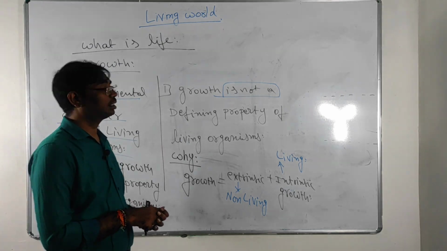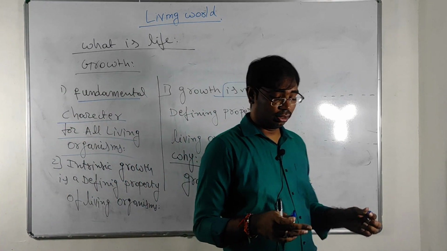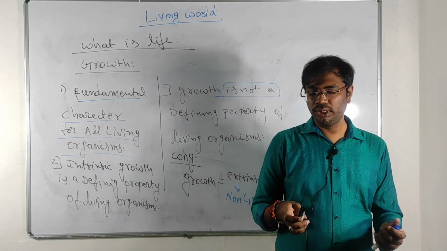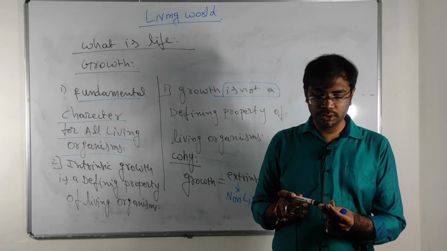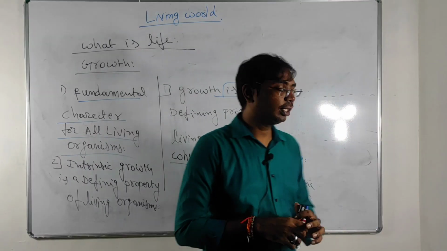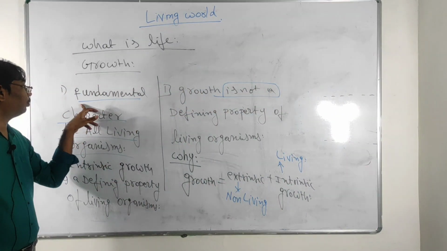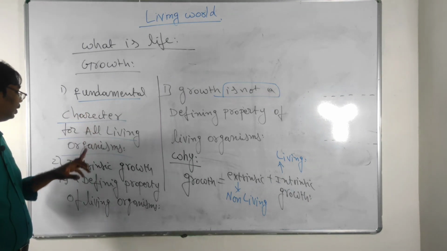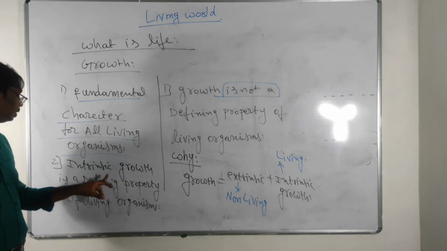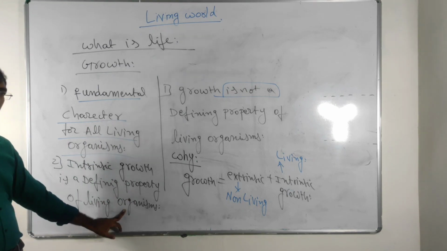So this gives some clarity about the statements related to living things and non-living things. It is a fundamental character for all living organisms, but intrinsic growth is a defining property of living organisms.